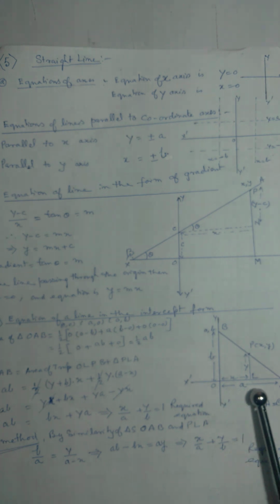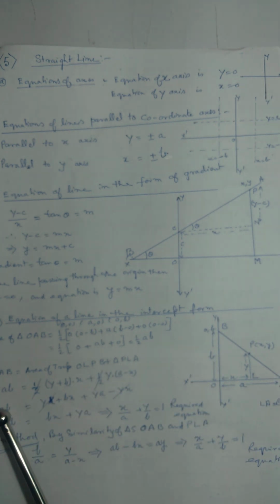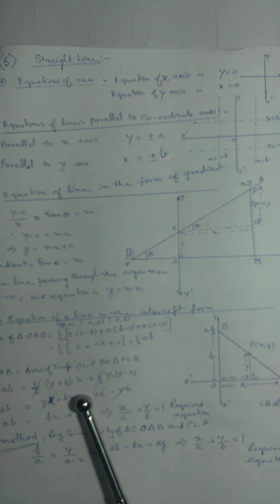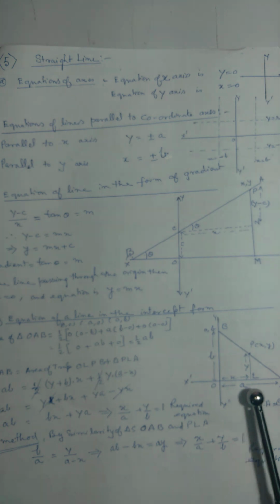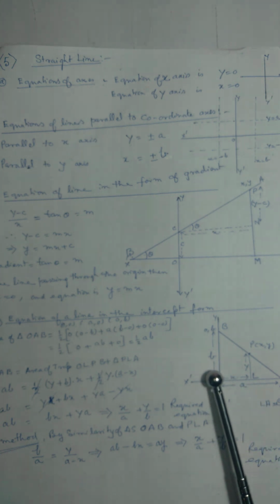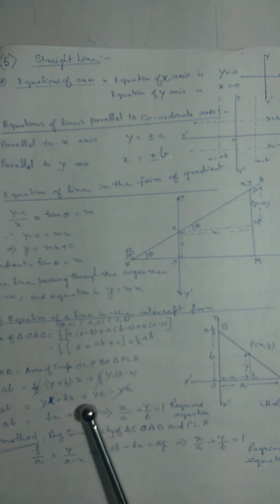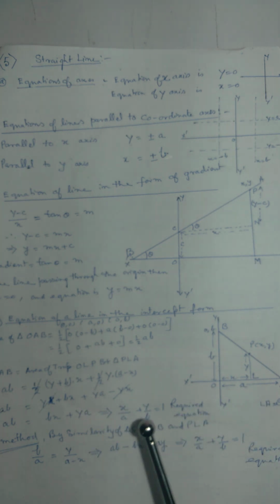So you just take this as base and this as height. So a into b divided by 2. The area of trapezium will be equal to half of the sum of the parallel sides multiplied by height, that is (y plus b) divided by 2 multiplied by x, where x is the perpendicular distance here.